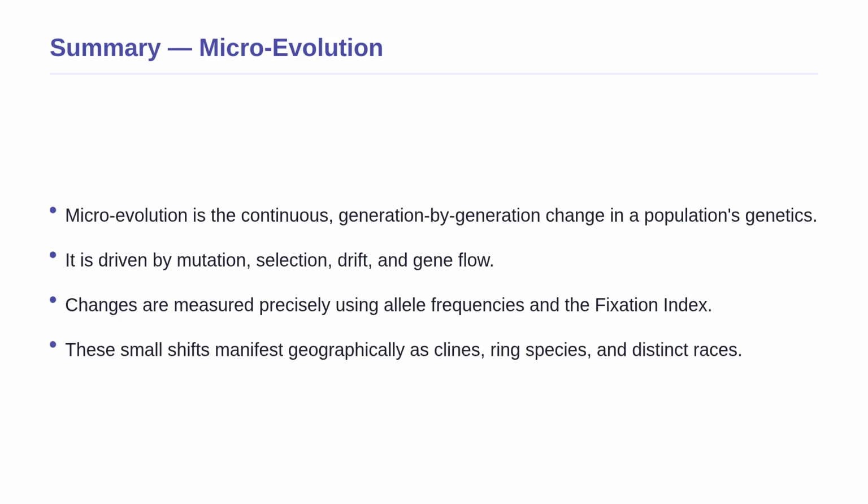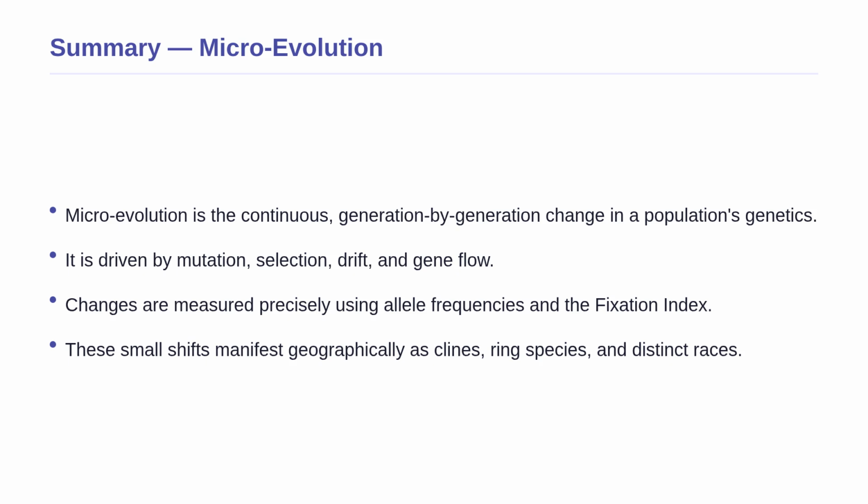We have covered a lot of ground today. To summarize, microevolution is the continuous generation-by-generation change in the genetic makeup of a population. We learned that it is always driven by the fundamental forces of mutation, selection, drift, and gene flow.